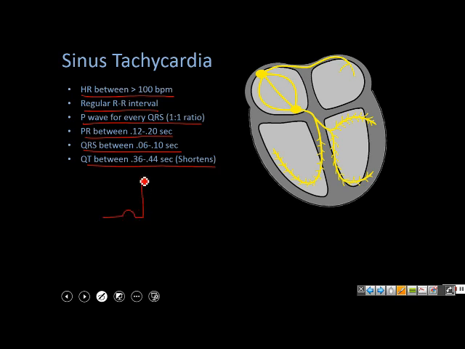So if maybe your patient was 60 beats per minute at 8 a.m. and now maybe they're 115, you might see that QT shorten as the rate gets faster.